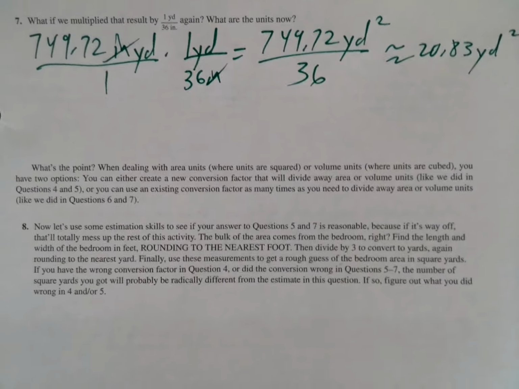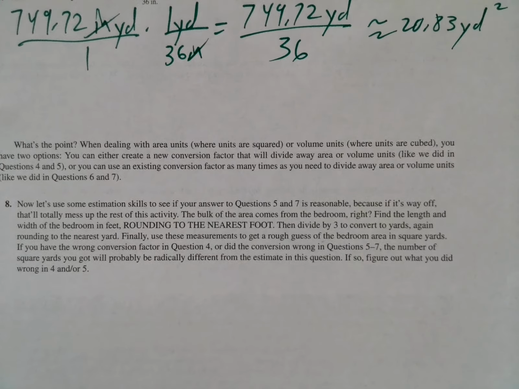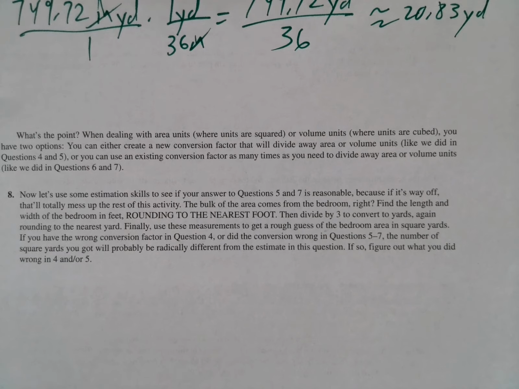Okay, now we go down here to number 8. Now it says, now let's use some estimation skills to see if your answer to question 5 and 7 is reasonable. Because if it's way off, that'll totally mess up the rest of this activity. The bulk of the area comes from the bedroom, right? Find the length and width of the bedroom in feet, round it to the nearest foot. Then divide by 3 to convert to yards.